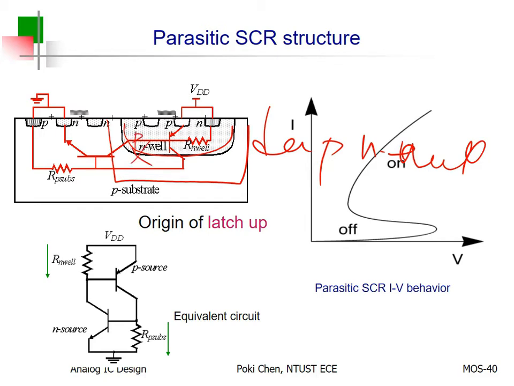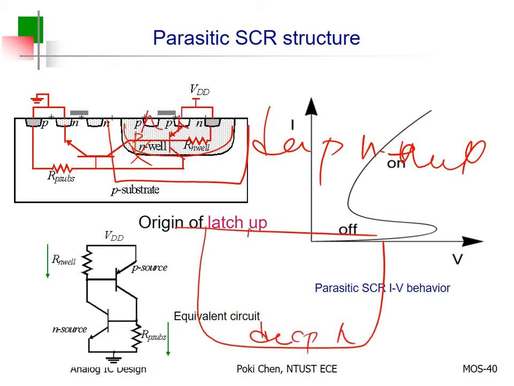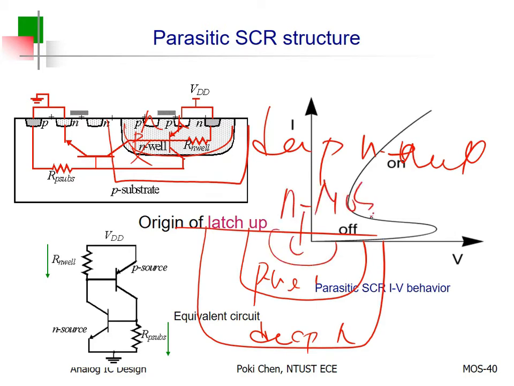And then NMOS. Got it? So the structure looks like this. Deep N well. Then P well. P well behaves like P substrate. So you can have your NMOS inside. Okay, that's it.